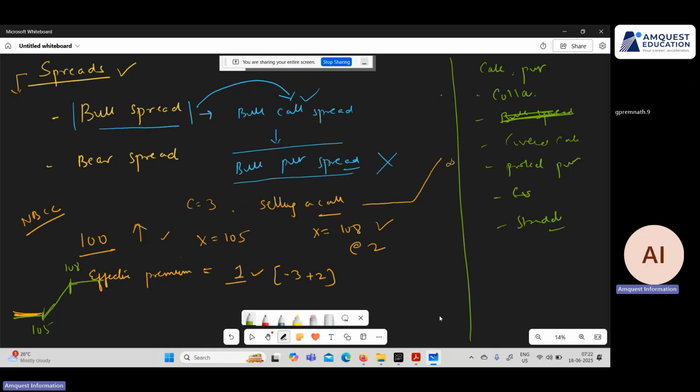But have you seen this curve before? It's very much like a collar. Isn't it very similar to a collar, where we are long a stock, plus we are long a put, and we sold a call?